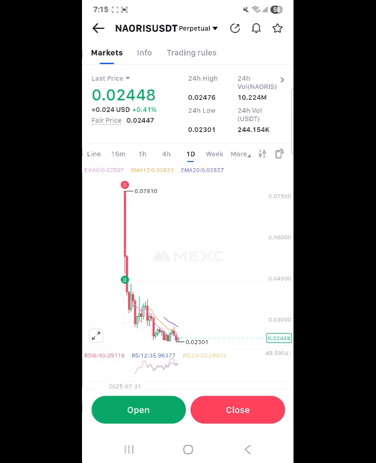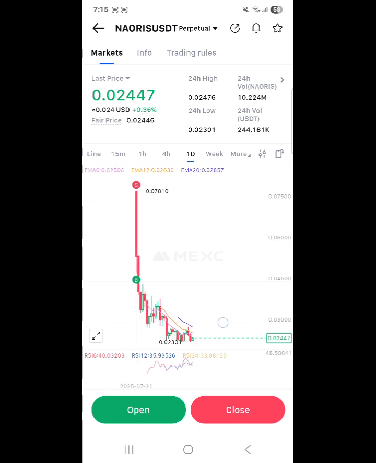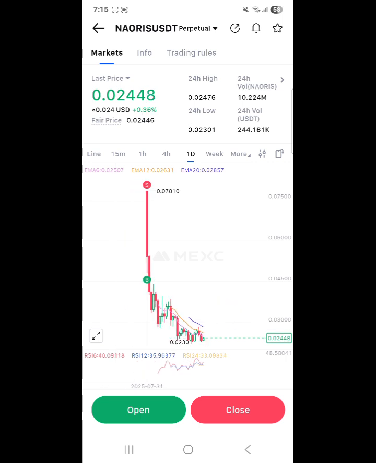This coin listed at 0.07810, and then it fell massively to 0.02301 in about 3 weeks. But these two thick red candles happened within 3 hours after the listing. So any token that has airdrops tends to fall quickly, so have that at the back of your mind.